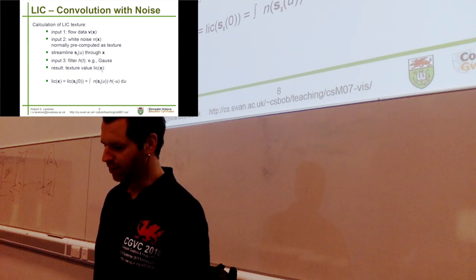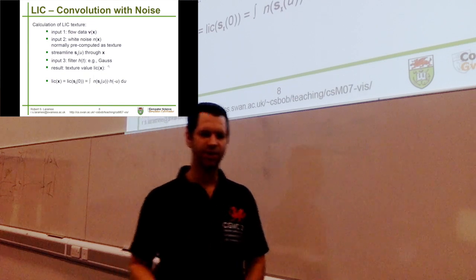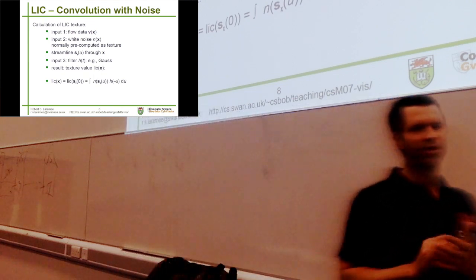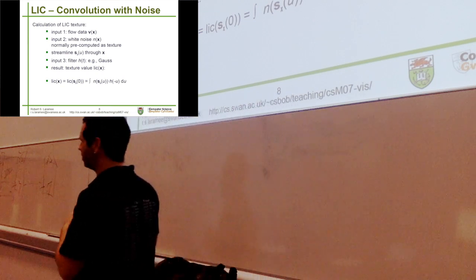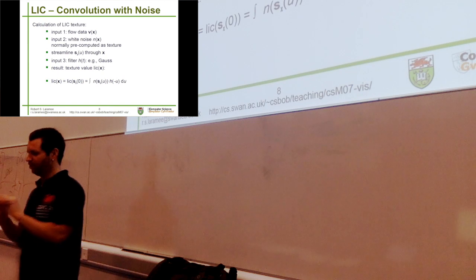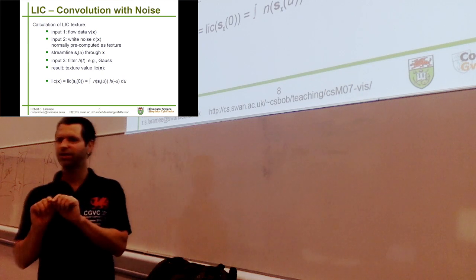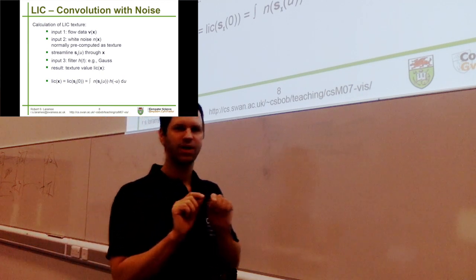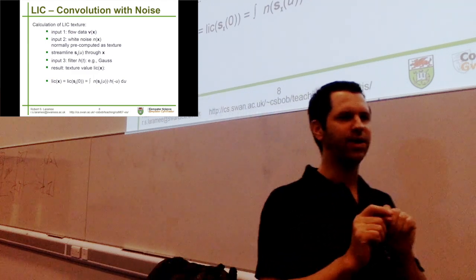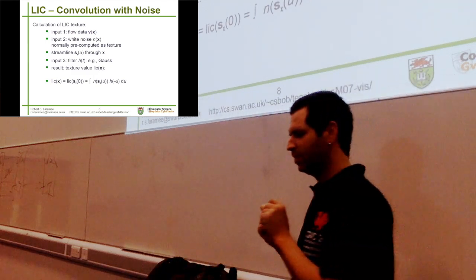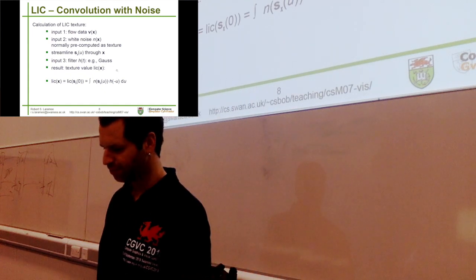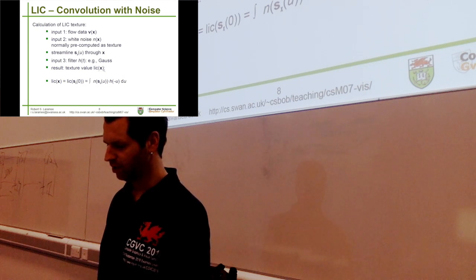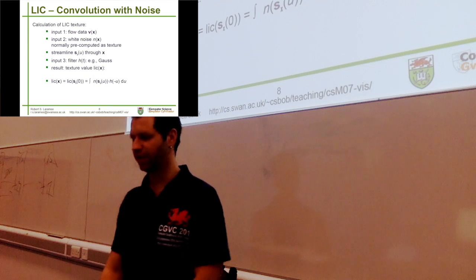Now, when we say weighted average, it just means that the closer the neighbor is to us, the more important their texel value is and the more weight it gets. So if we're looking at a neighbor right next to us, their white noise texel value is very important. It gets a very high weight. And that's what this Gaussian filter is referring to. And the result is called an LIC texture, or a line integral convolution texture.